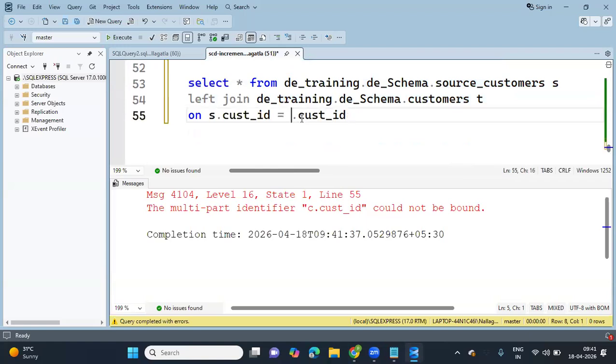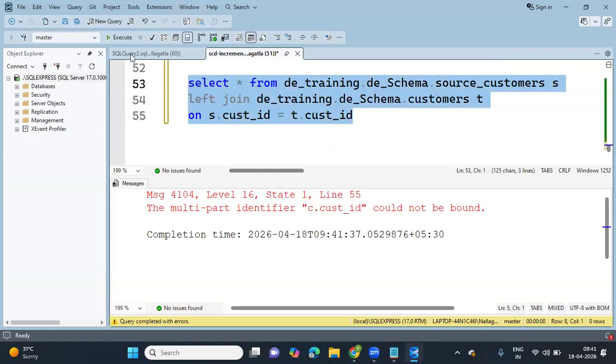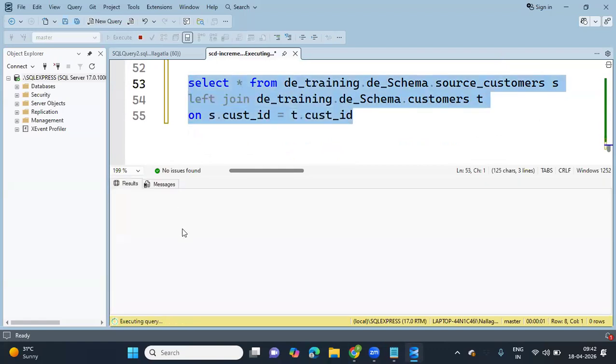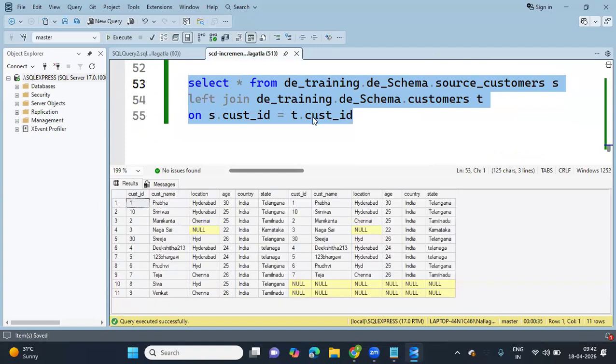Okay, this is not C, it is T. We are executing only 9 rows, still taking a lot of time. I just want to complete these 2 rows, then I'll wind up.